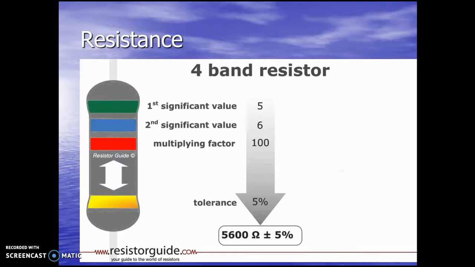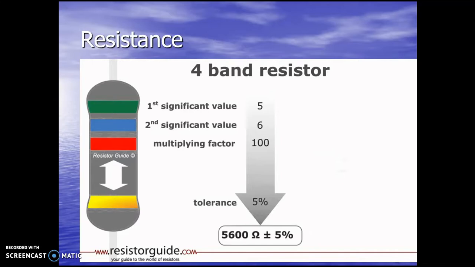Then there's a gap. So the way you can identify which is the 4th band is there's a gap between those first bands and the last one that is the tolerance. And gold gives us a tolerance of 5%. So if we combine all those things together, 5, 6, and 2 zeros is 5,600 ohms, plus or minus 5%.